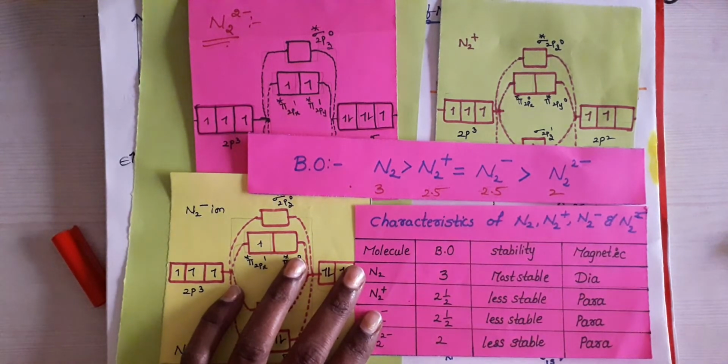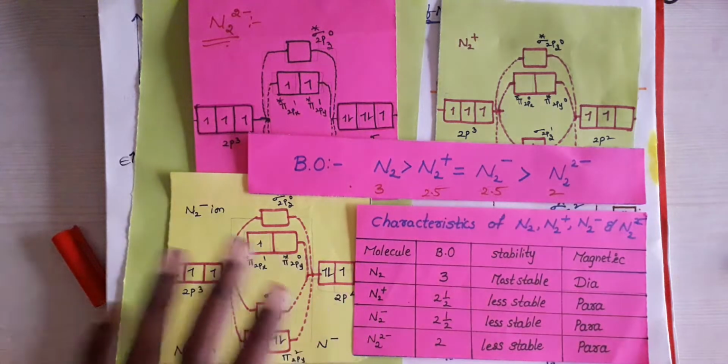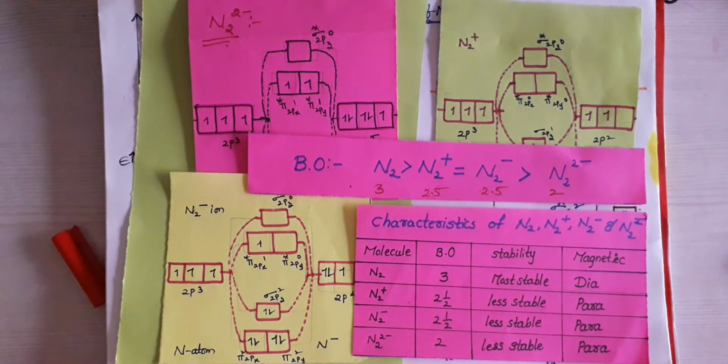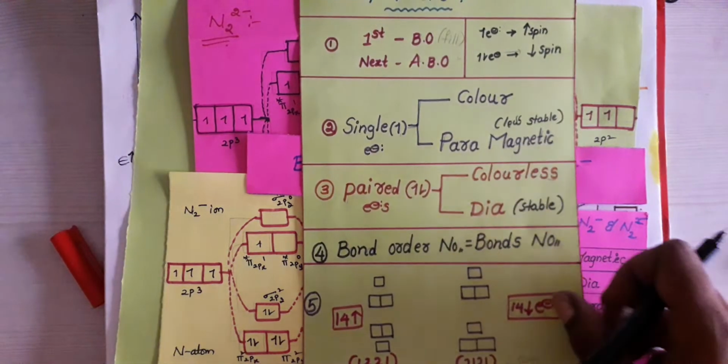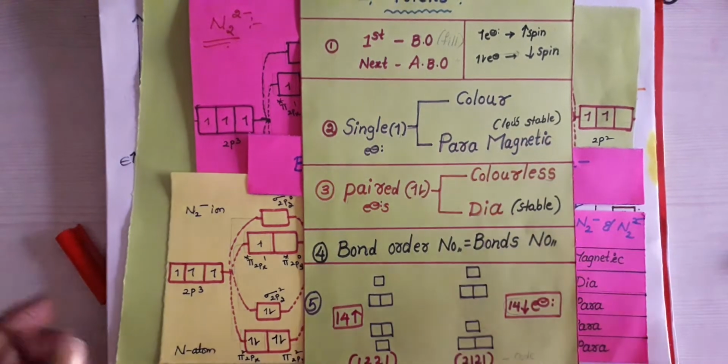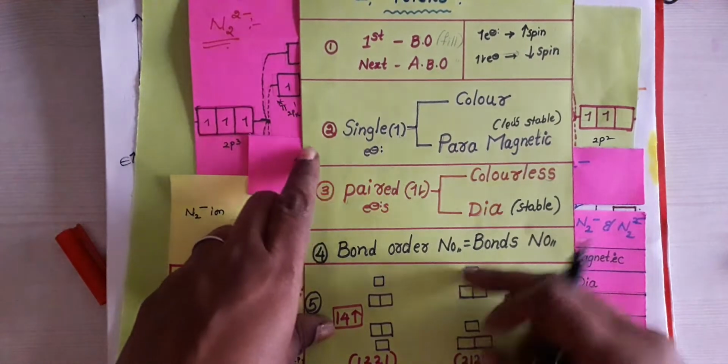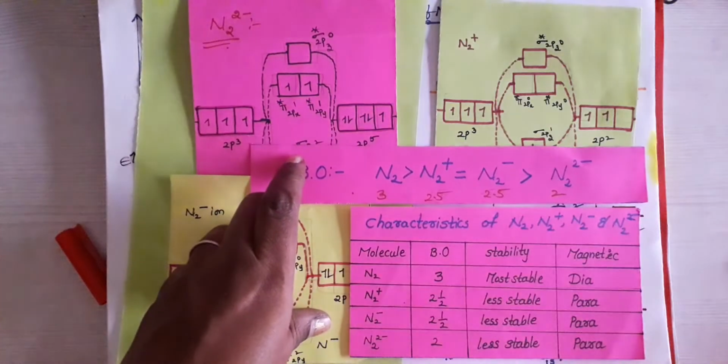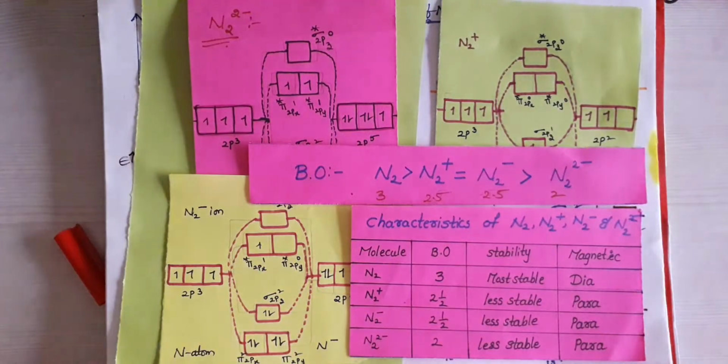You must remember these tricks for molecular orbital diagrams. This is about the molecular orbital diagrams of nitrogen ions.